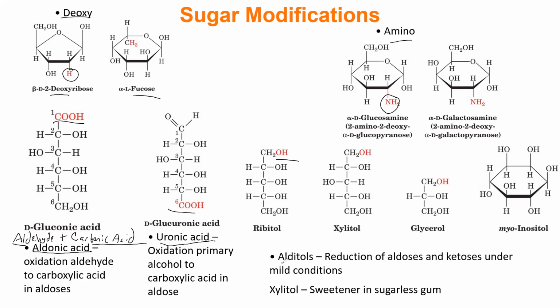These are called alditols, right? So if I take this carbonyl carbon and make an OH, that's an alditol. And if you've ever wondered how sugarless gum tastes so sweet without having sugar, and sugar is just glucose, it's because it uses these alditols.